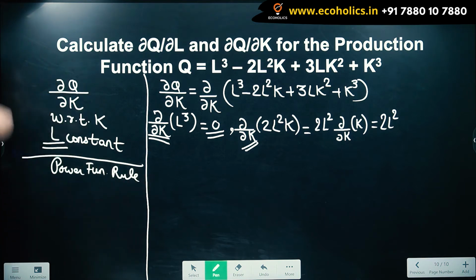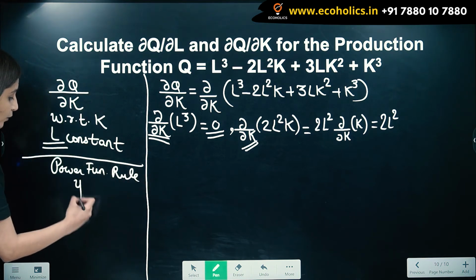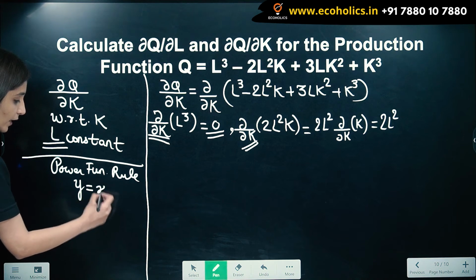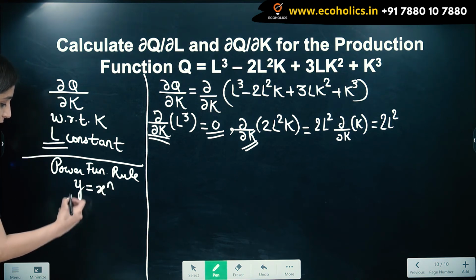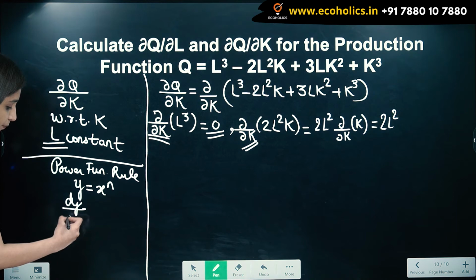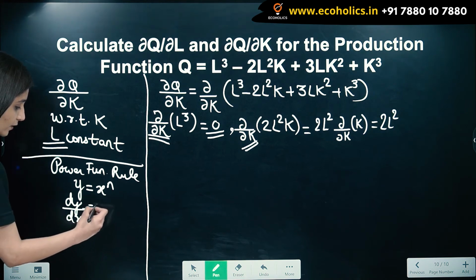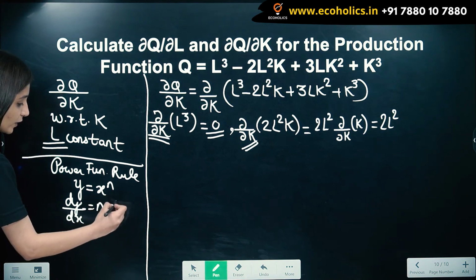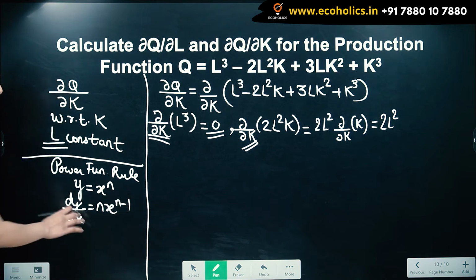Our power function rule states that when y is equal to x raised to n, dy by dx is equal to n x raised to n minus 1.